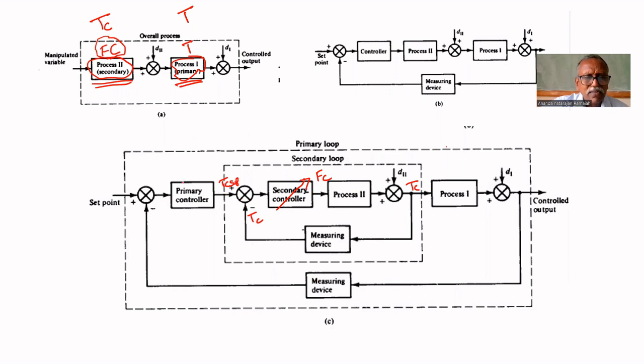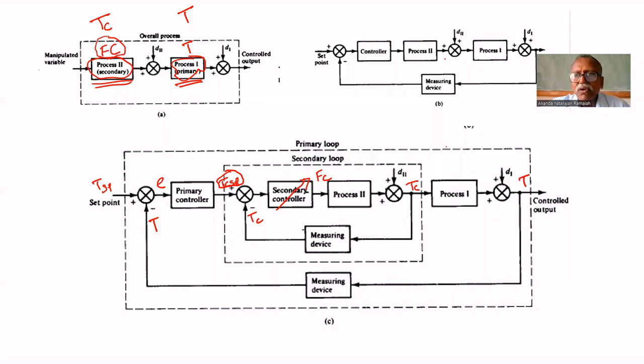The primary controller is the outside. Here T is measured. T set point is given by the operator. Compared with T, if any deviation is there, the error will be given to the primary controller. That will change the set point of coolant. It doesn't directly regulate the coolant flow rate.